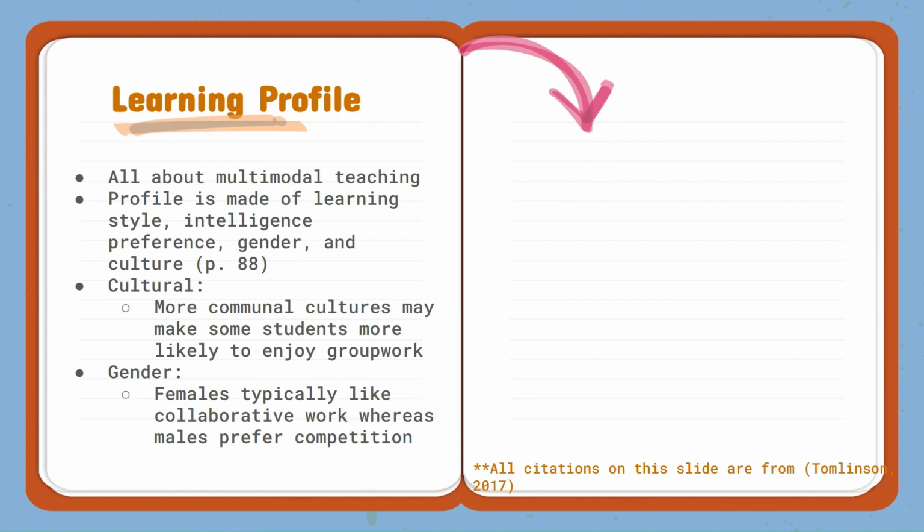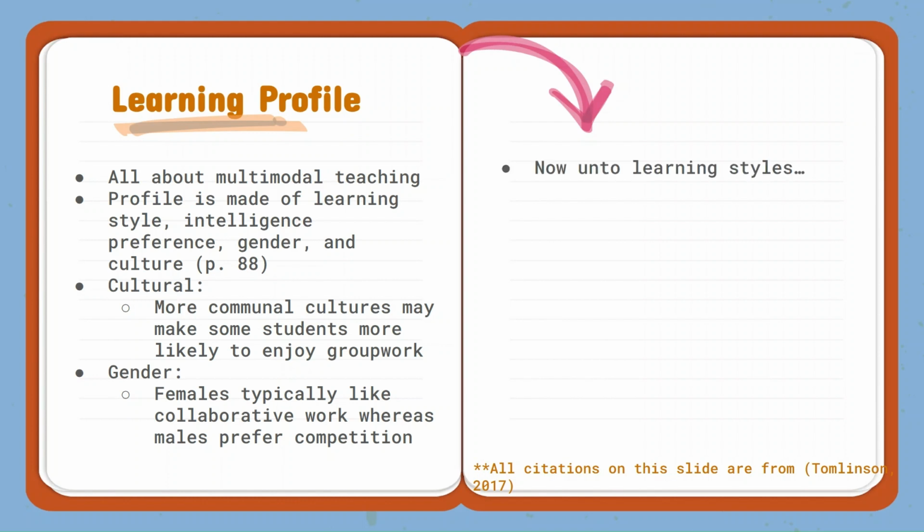For both of these, it said to be careful, because just because a student is from that culture or that gender doesn't mean that they automatically fall into the majority here. Like maybe there are some women who prefer competition. I don't really know why it was in there, but maybe to give teachers an idea of these two different ways you can differentiate.